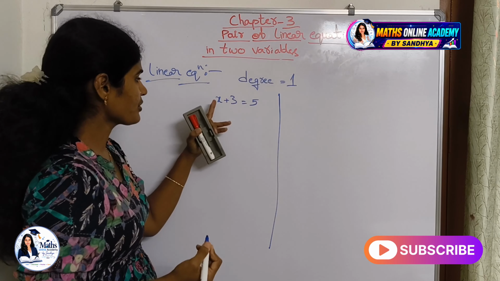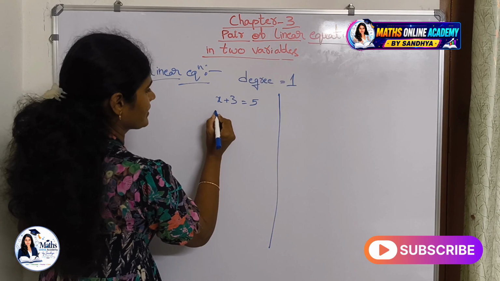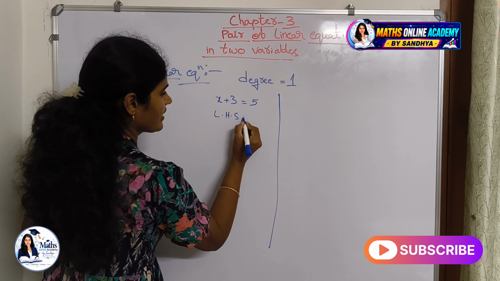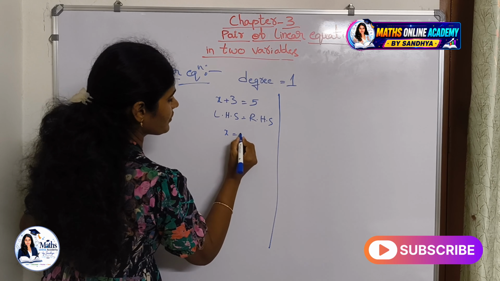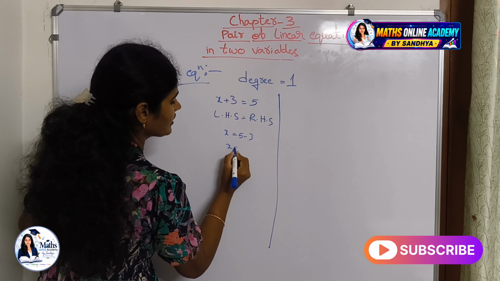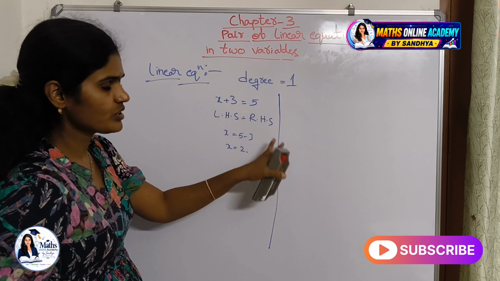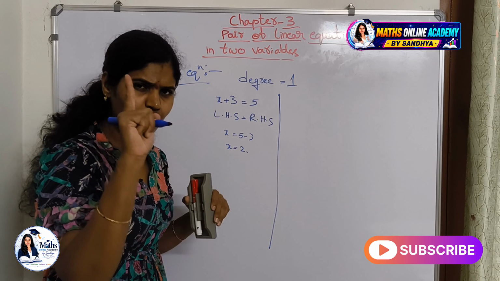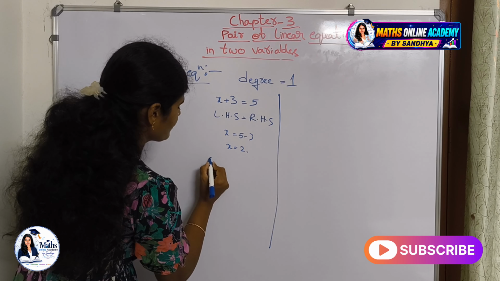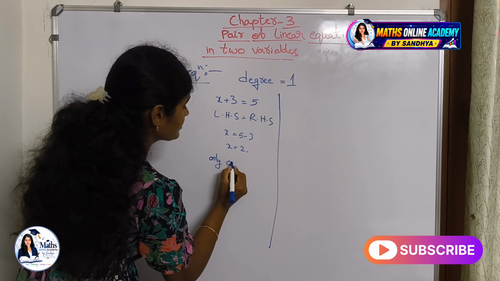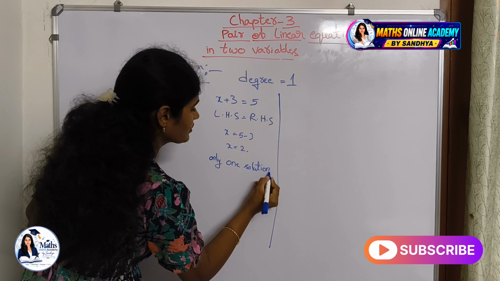Here when you substitute x = 2, you get LHS equal to RHS. This is LHS and this is RHS. x = 5 - 3, so x equals 2. If you substitute x = 2 here, you get LHS equal to RHS. Means here we have only one solution.